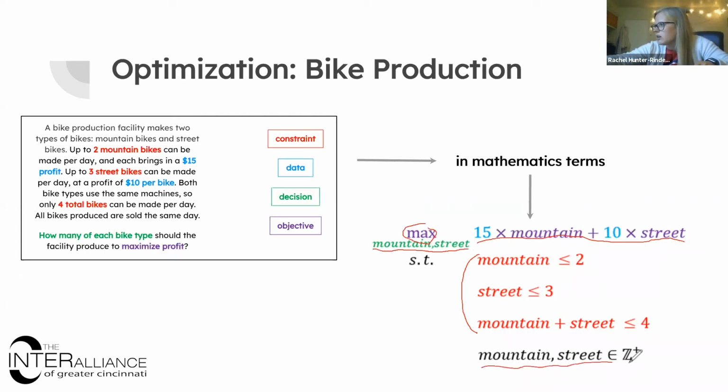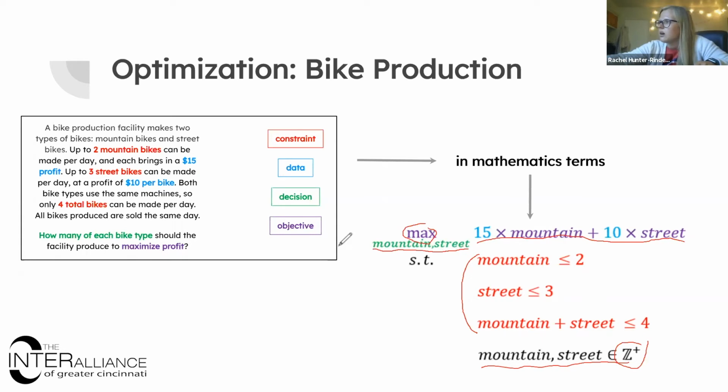And then this down here, if no one has seen this symbol before, this is saying positive integers. So we can't make half of a bike. We also can't make negative bikes. So this is just saying that when we decide on a value for mountain and street, they need to both be positive and they need to both be integer values.